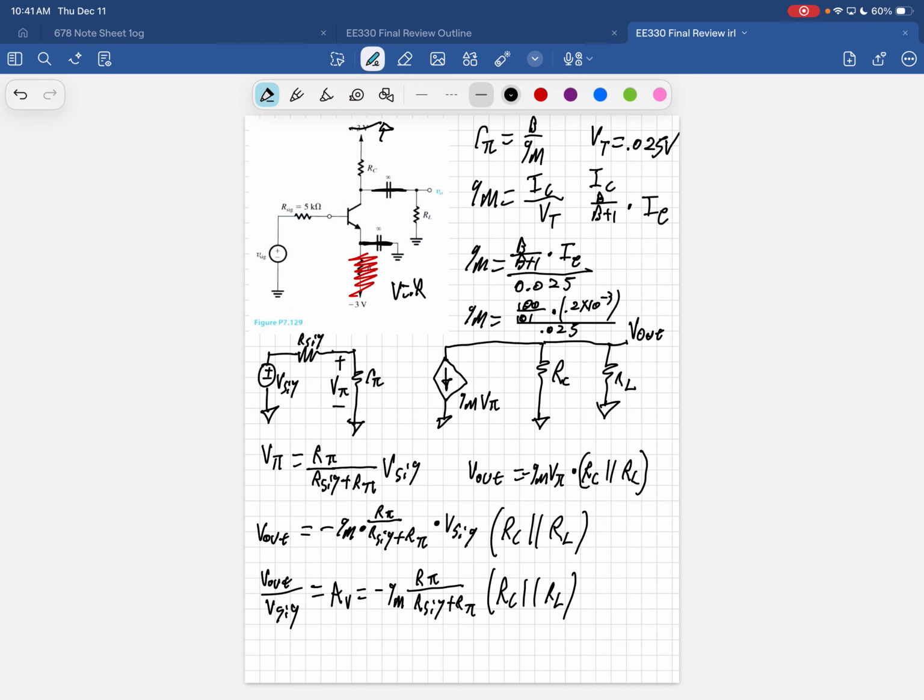They rounded. They just assumed the 100 over 101 is 1. So you're dividing 0.2 milliamps by 0.025, so it's around 8 milliamps per volt.